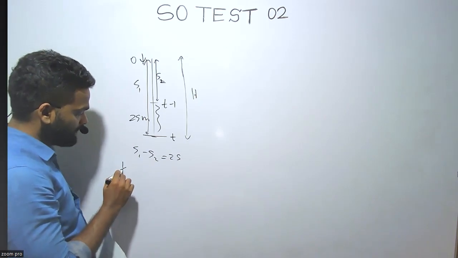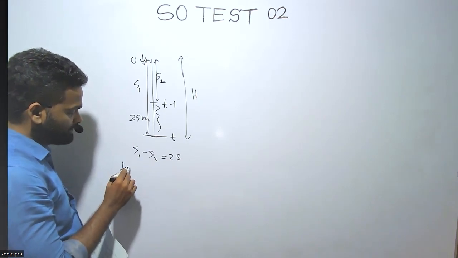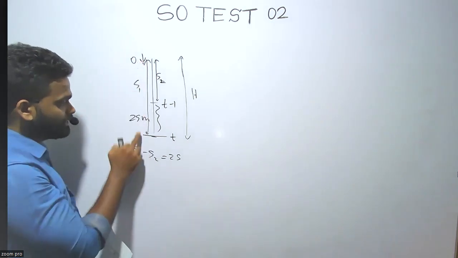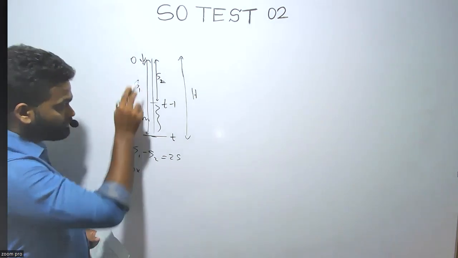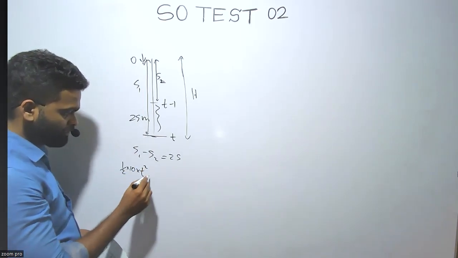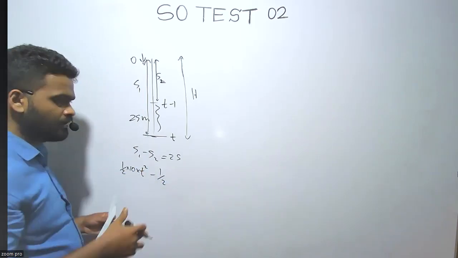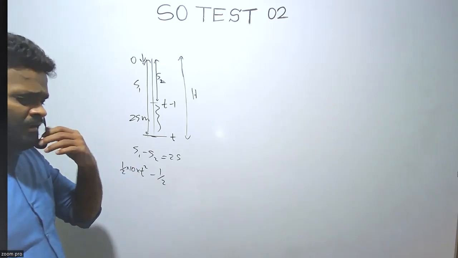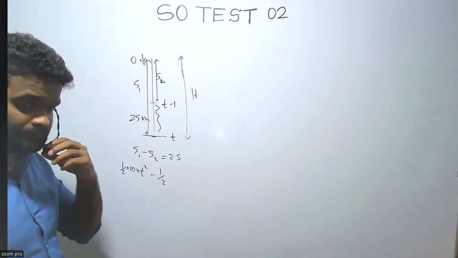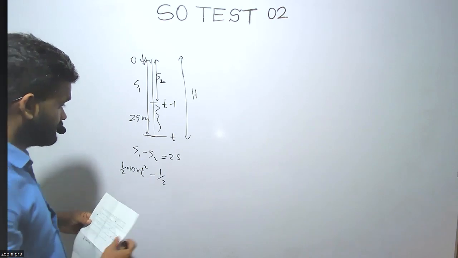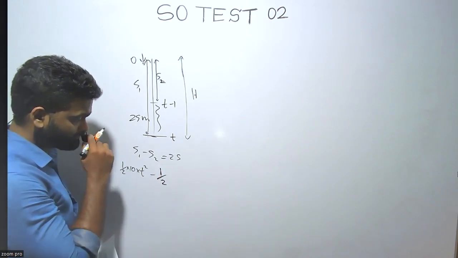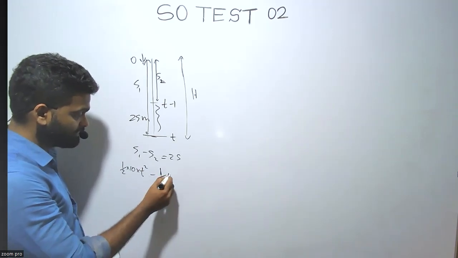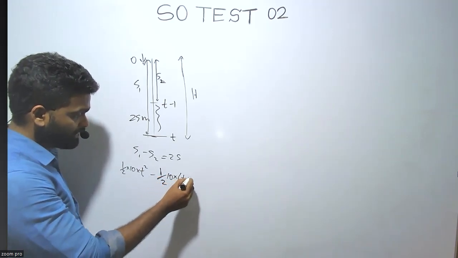So you can get half, acceleration 10, time is t, minus half, acceleration 10, time is t minus 1.